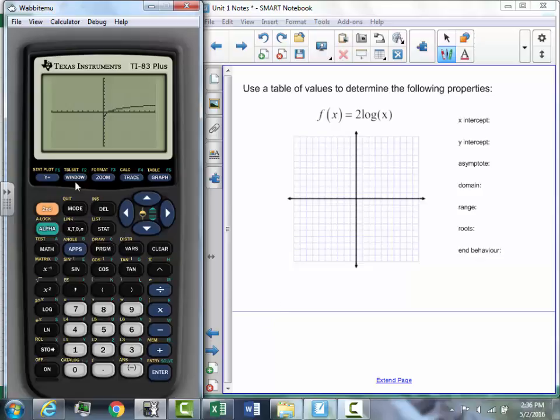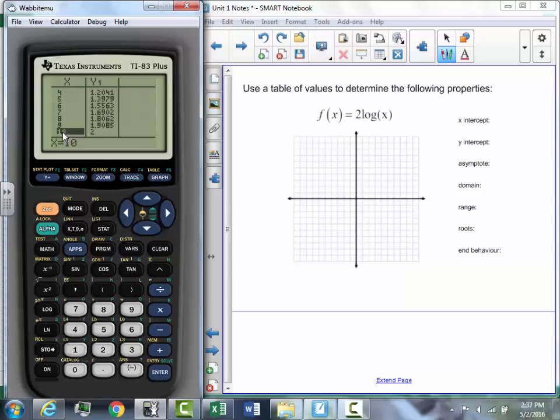Except I want to point out one really key thing here. See how 10 is at 1 with the normal log? With 2 log x, 10 is not at 1, it's actually at 2. Because you know how 10 would normally have 1 zero? But then you times it by 2. Does that make sense?